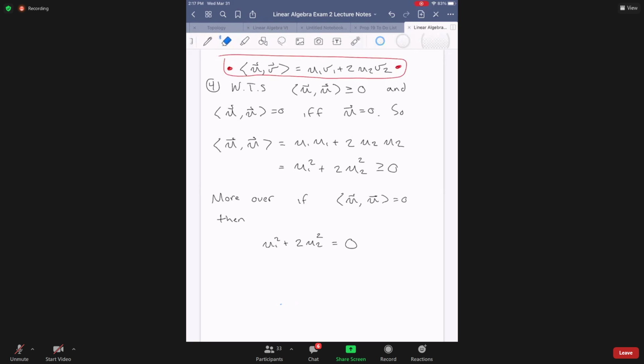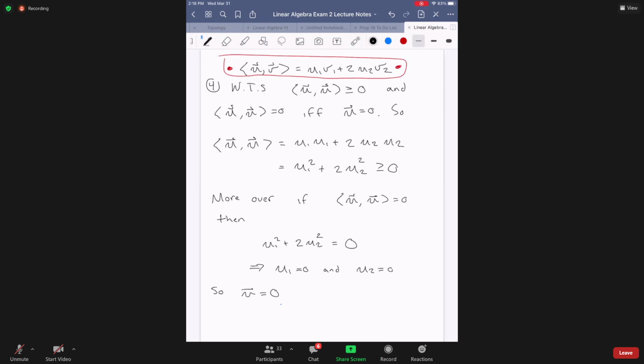So this implies that U1 is 0 and U2 is 0. So U has to be 0. Okay, so this example served two purposes, right?